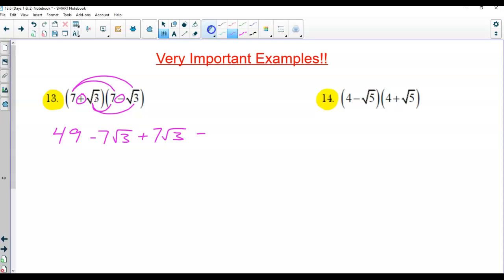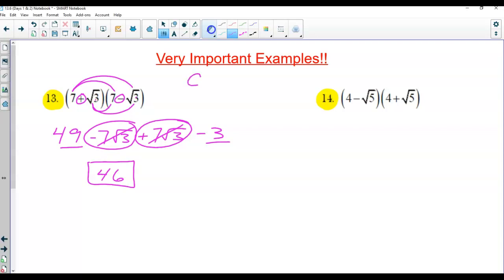The square root of 3 times the square root of 3 is 3. And now watch, like terms, 49 minus 3 gives me 46. And negative 7 square roots of 3 plus 7 square roots of 3, hey, those wipe each other out. And when I multiply these special sets here, I don't have a root left. I just get a number.